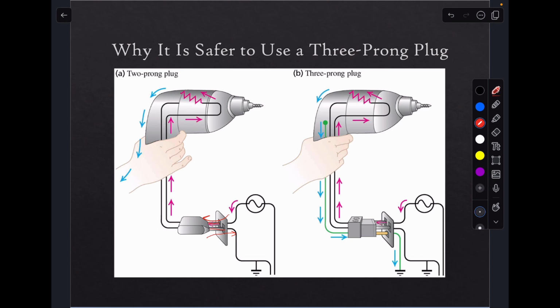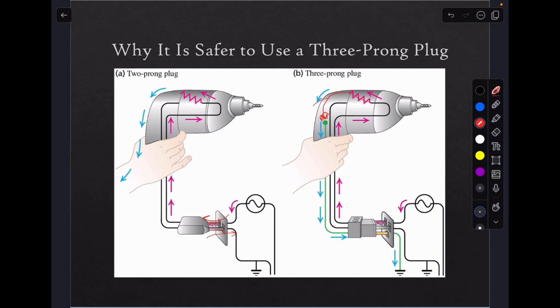Well, what's a 3-prong? A 3-prong has the first 2 that allow the current to flow in a complete circuit, and then it has a third bonus one. The third bonus one is there to catch any current that may hop off of the circuit for whatever reason. Something inside breaks, it touches water. There could be many reasons that cause a break in the circuit, and that high amount of current is going to look for somewhere to go.